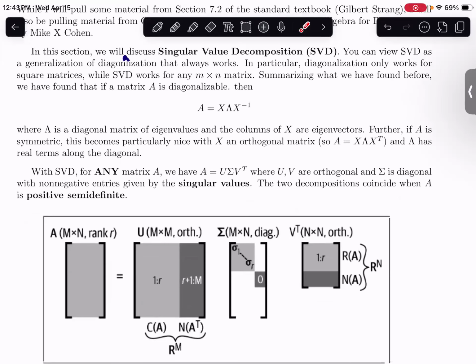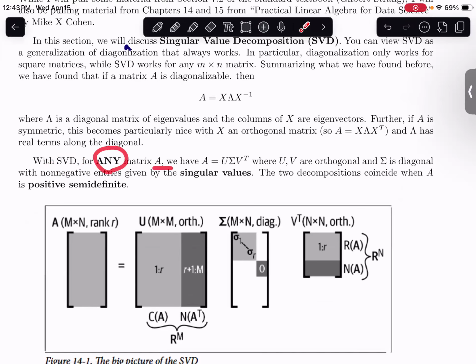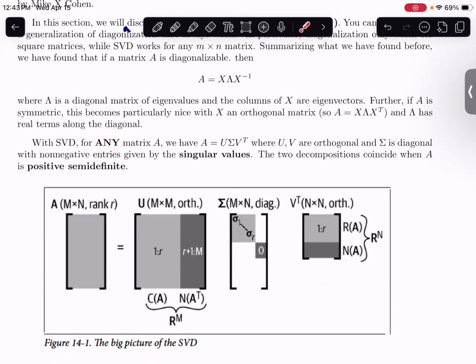And so with the singular value decomposition, for any matrix A we're going to be able to write A as U times sigma times V transpose, where U and V are both orthogonal matrices, so their column vectors are orthonormal. Sigma is also a diagonal matrix with non-negative entries called the singular values.